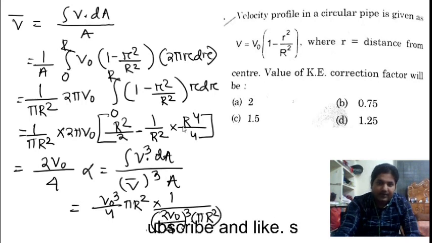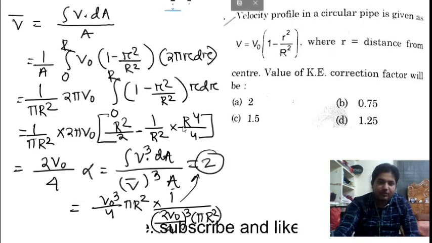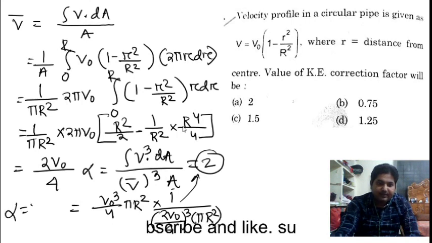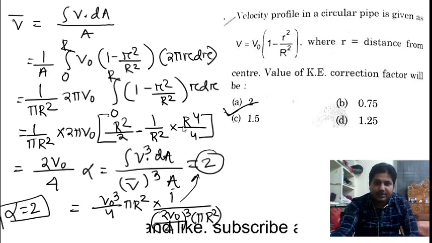This area is pi R square. Now if you solve this, alpha comes out to be 2. So this is the correct answer, 2.